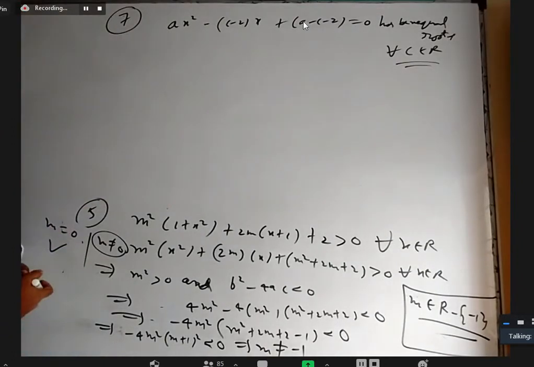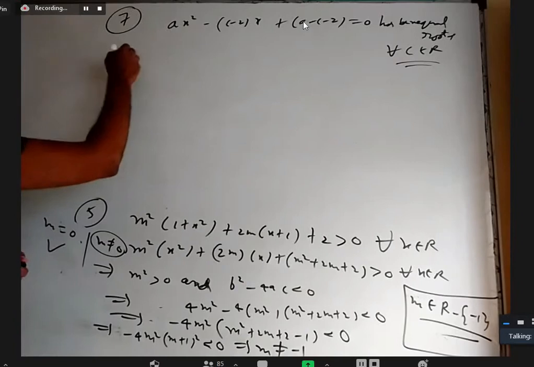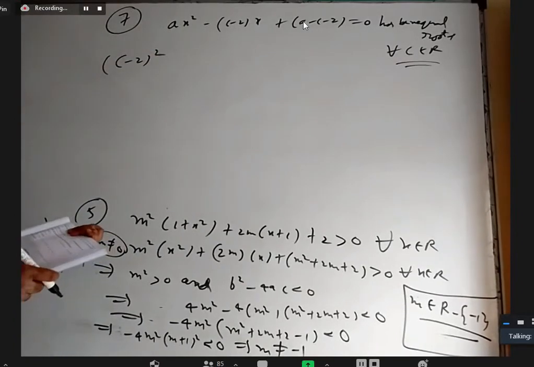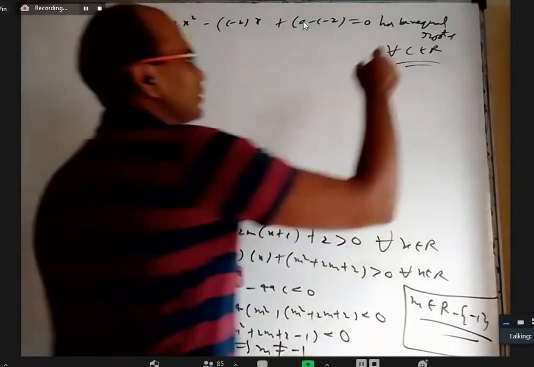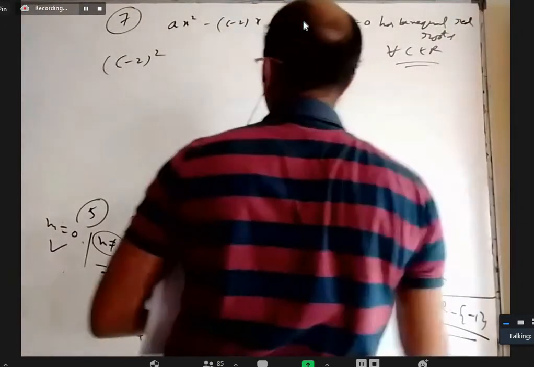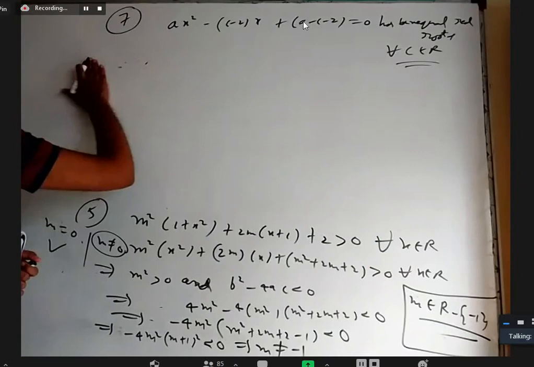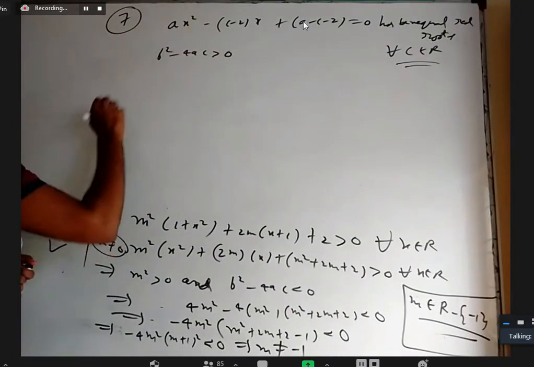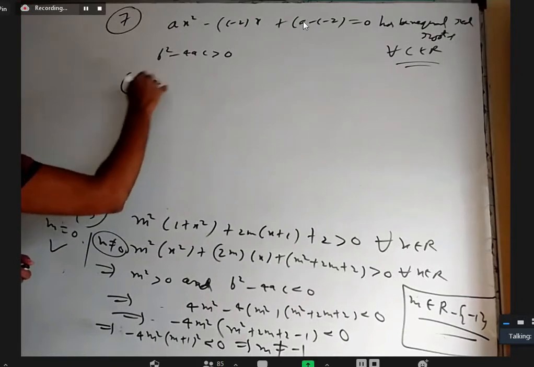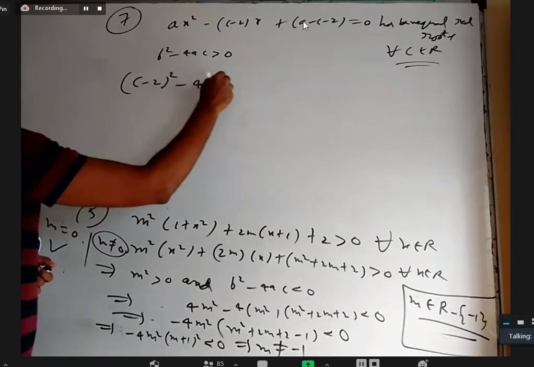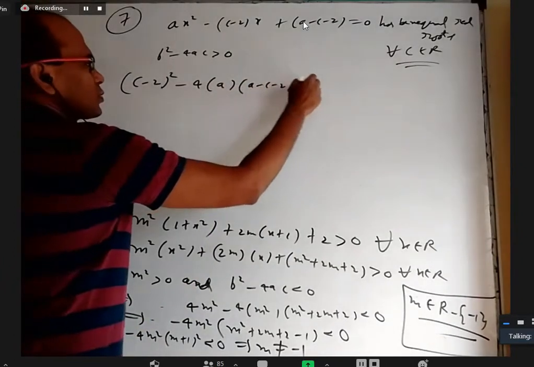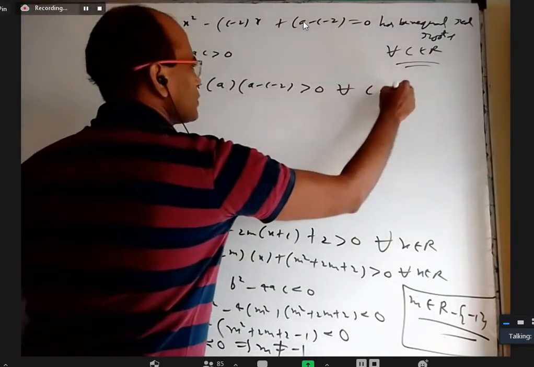Unequal real roots, that is also important. So you can say b square minus 4ac should be greater than 0. That is (c minus 2) whole square minus 4 into (a minus c minus 2) should be greater than 0 for all c belongs to R.